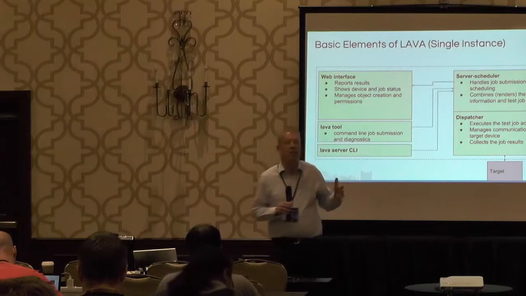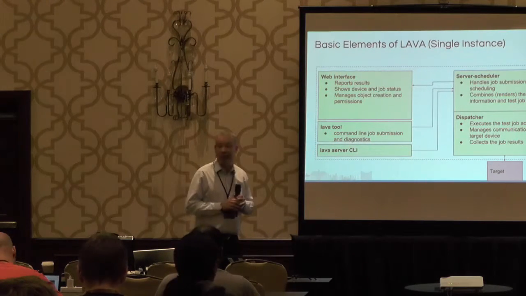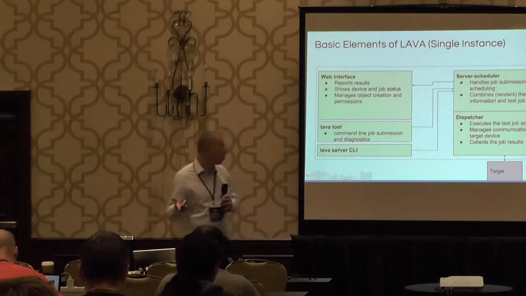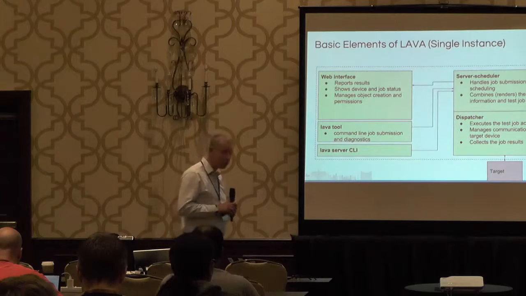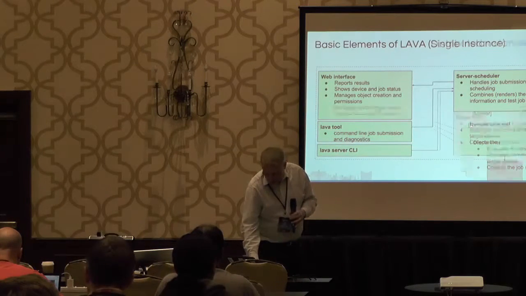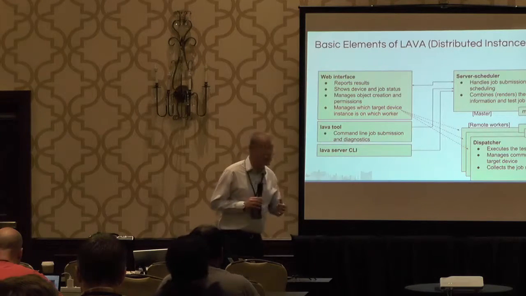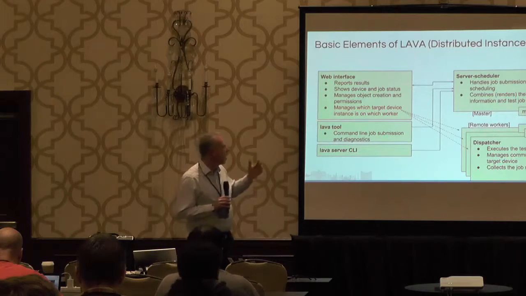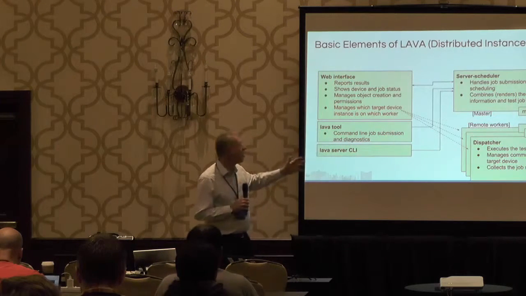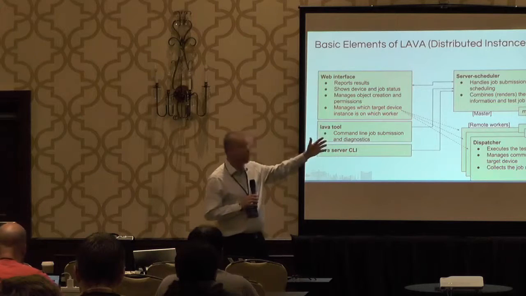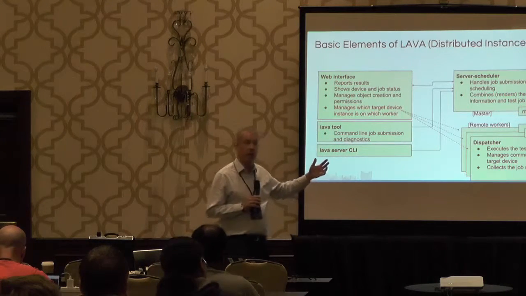Now, I mentioned that Lava is very scalable. This is what it looks like if you install it on a single machine like a laptop. And actually, I have a laptop here with an instance of all that installed on one machine. But it scales. So what we call a distributed instance has the same major blocks on the right-hand side, but you can have many, many dispatchers, each one with many targets connected.